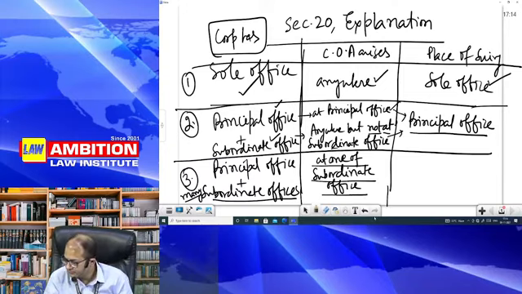If the decree has been passed, the validity of the decree cannot be challenged on the ground that the place of suing was wrong. Place of suing is basically a matter of convenience, a matter of practicality.